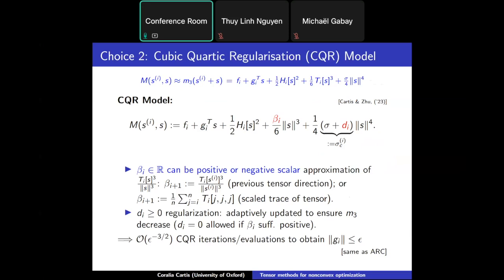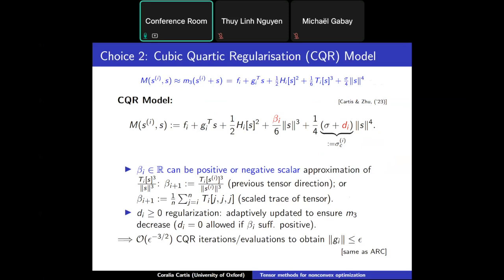And then I also can adjust my fourth order term here. So now I try to allow a little bit of third order in, but in this very structured way. This beta here can be negative, so I don't necessarily have a double regularization. I allow this beta i to be negative to capture at least some approximation of my tensor.